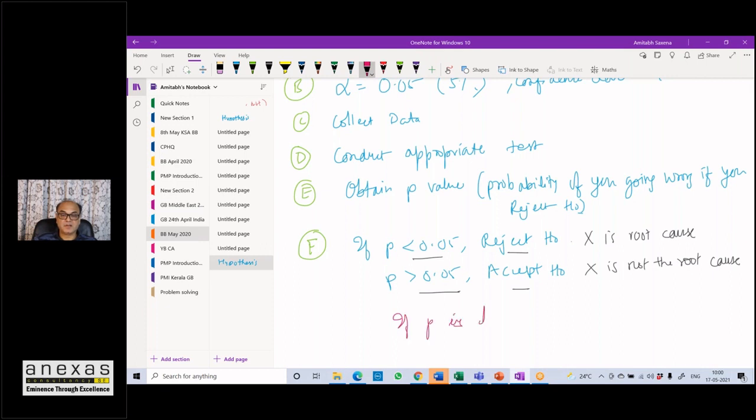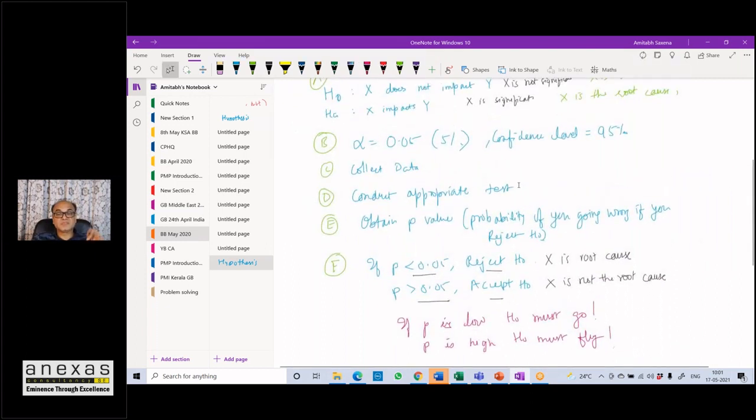If p is low, null must go, and if p is high, null must fly. P is low, null must go. P is high, null must fly. You can just remember that. And so this becomes our route map to hypothesis tests.